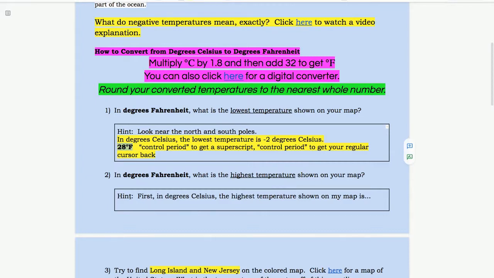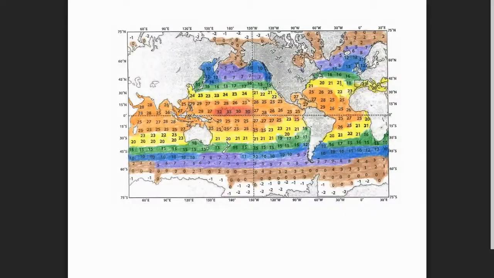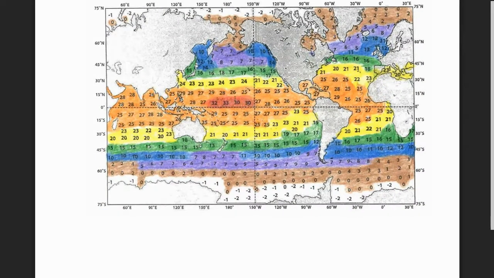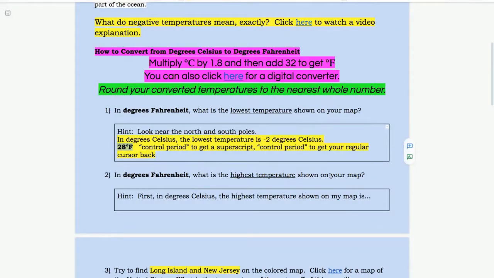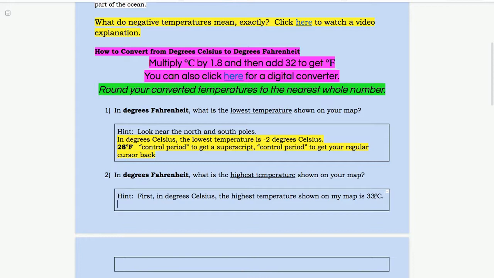Well, here's a hint. First, in degrees Celsius, the highest temperature shown on my map is, let's go over to the colorful map, and the highest temperature is 33 degrees Celsius. So I will type in, just to finish my hint, 33, and then Control period, little o, Control period, capital C. So that's degrees Celsius.